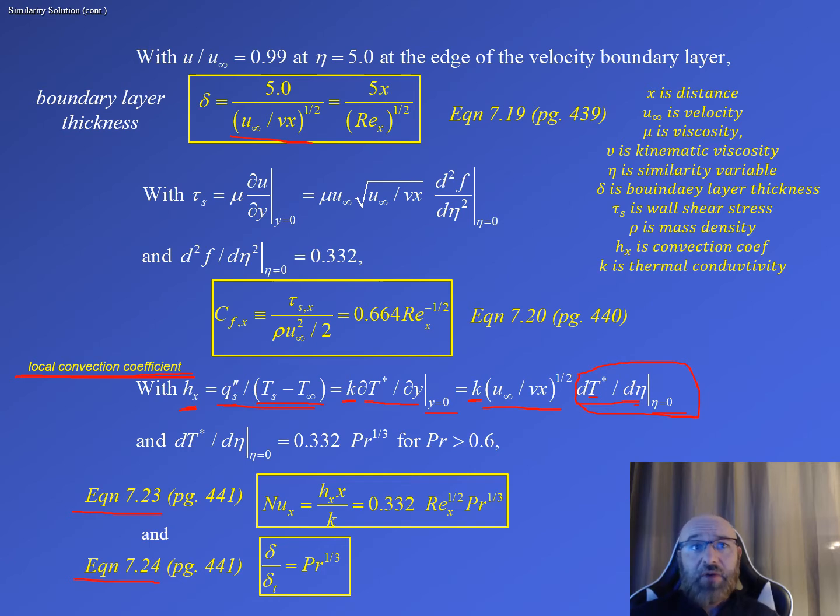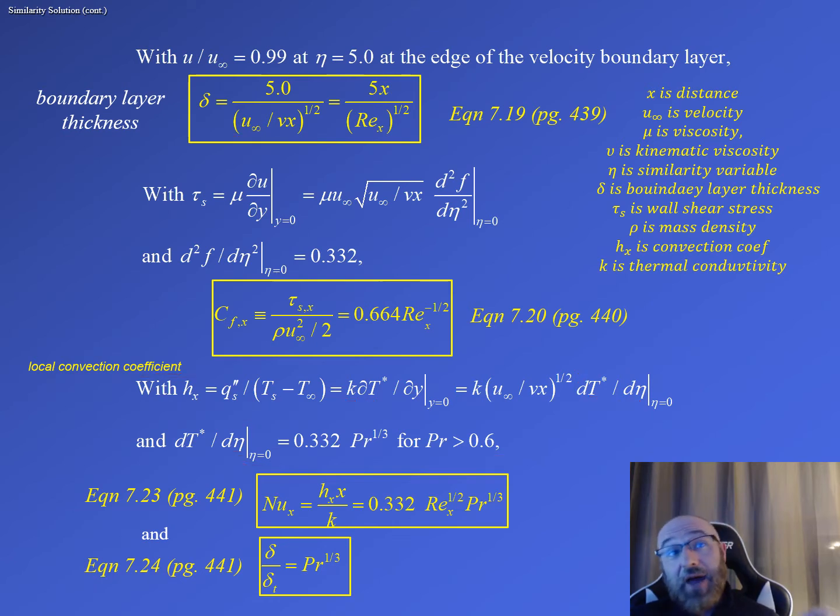The derivative of our dimensionless temperature with respect to eta when eta is equal to 0. So we can bring this down here, and this is going to be reduced down to the relationship we see here of 0.332 times our Pr number to the 1/3 for values when our Pr is greater than 0.6. So now this all goes back and gives us a relationship for this local convection coefficient.